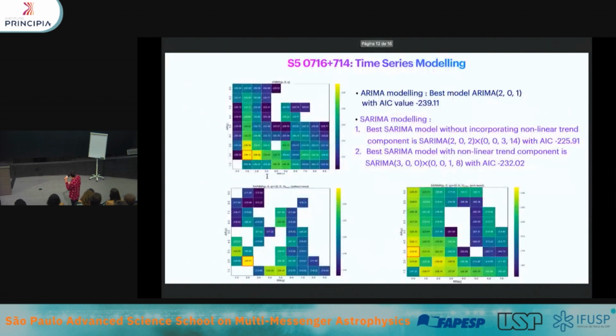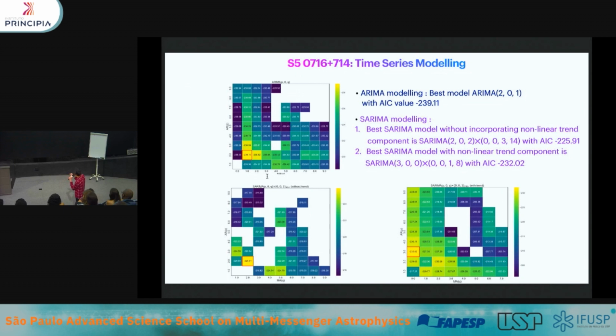Apart from LSP and WWZ, I have also done time series modeling using two models, SARIMA and ARIMA. Using the SARIMA modeling, we are trying to identify the non-linear multiplicative component in the Fermi light curve, which is directly related to the curvature of the jet.